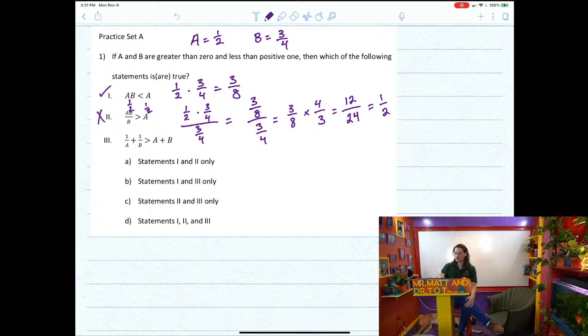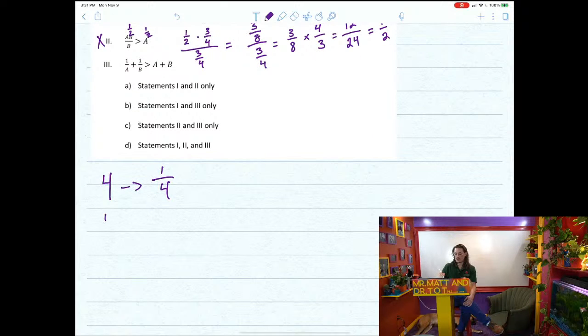But if we were to start with 4 and we put it under 1, that turns it into 1/4. We would normally expect that to decrease the overall value. With a value in between 0 and 1, that's actually going to increase, because if we look at 1 over 1/2, I could rewrite that 1 in the numerator as just being 1 over 1 divided by 1/2.